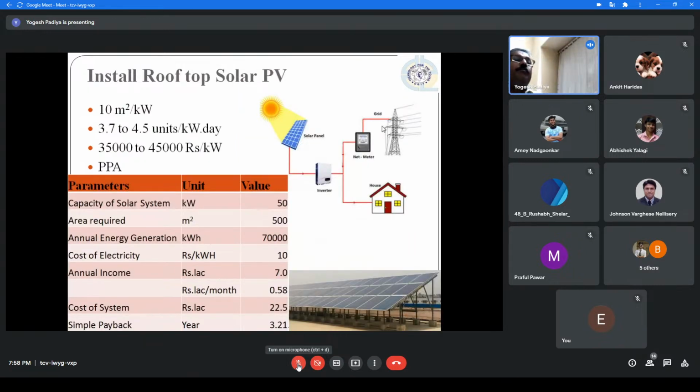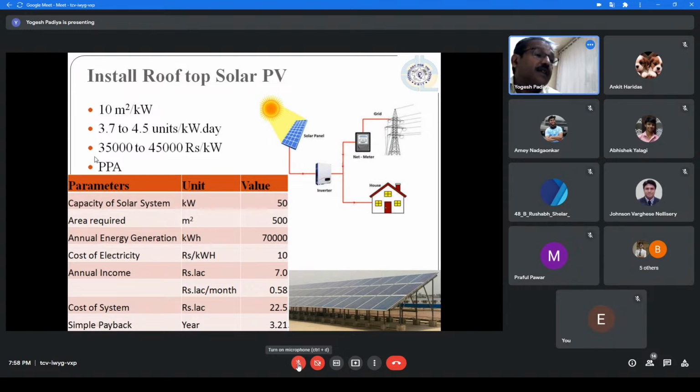Now, many people have a doubt: what about solar? We have a roof, we have a terrace. Shall we go for solar power? Yes. Earlier, solar power was costlier.